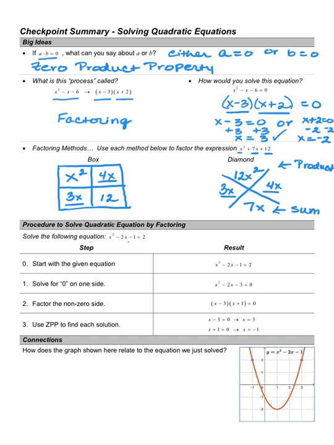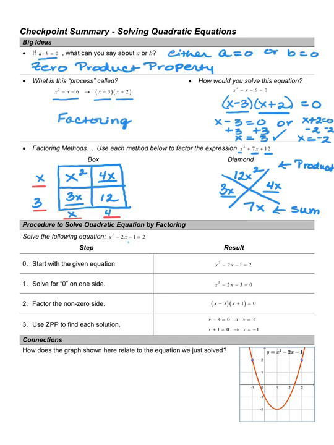And now it's just a matter of working backwards to find the dimensions of my rectangle. I'm going to need an x and an x to make that x squared. I'm going to need a 3 here to make 3x, and I'm going to need a 4 here to make the 4x and the 12.